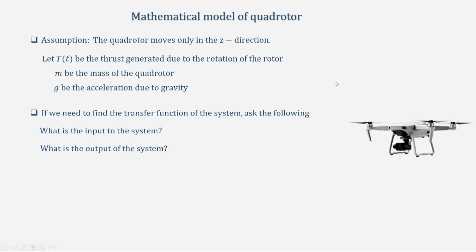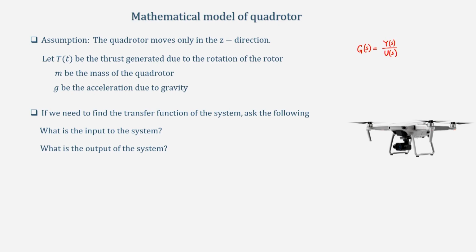So the first question that you should ask yourself when you need to find out the transfer function of a system is, what is the input and output that we are talking about? Because if you remember, what is a transfer function? Transfer function G(s) was defined as the ratio of the output by the input in Laplace variable.